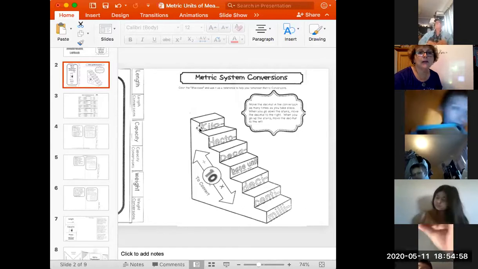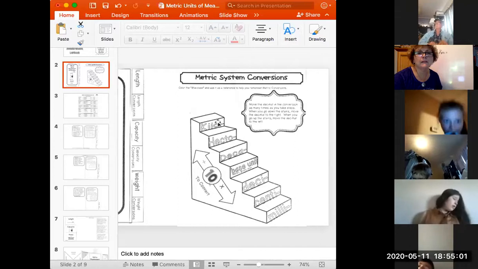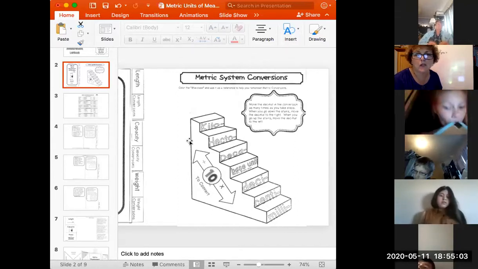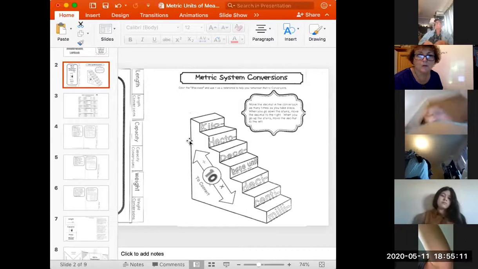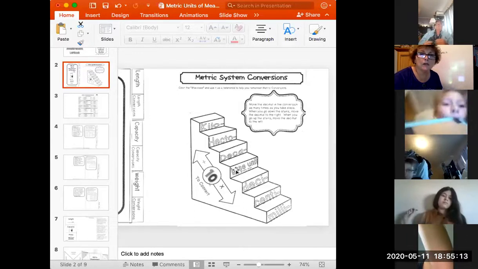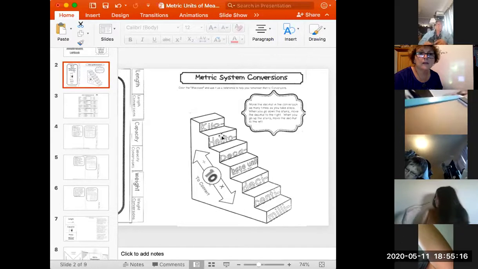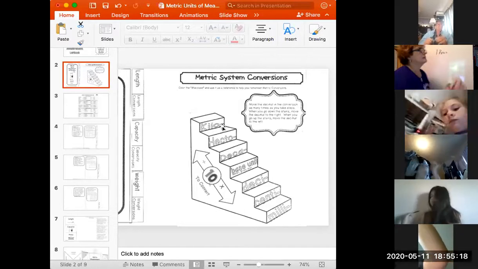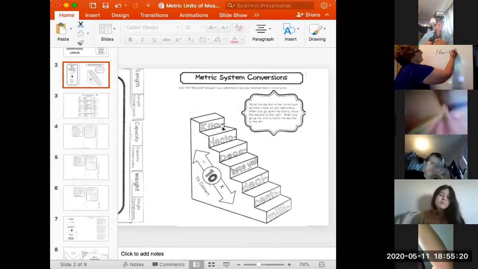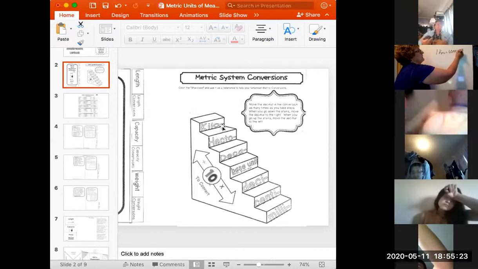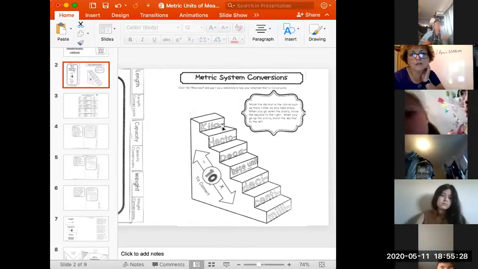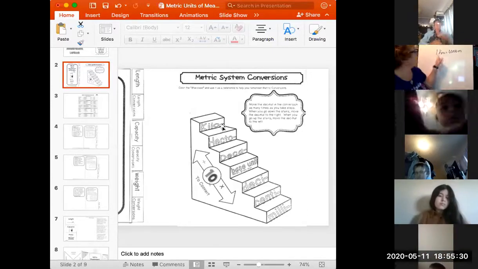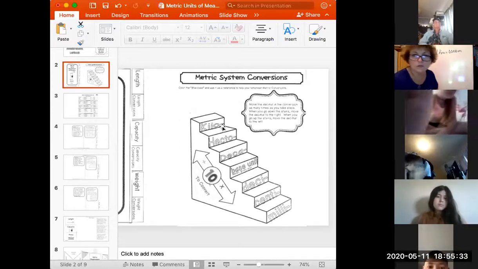So how many meters does it use to make 1 kilometer? Anybody know? Remember, right here, if you got a meter, to get up to kilometer, one of these kilometers is going to be 1,000 meters. 1 kilometer is 1,000 meters.